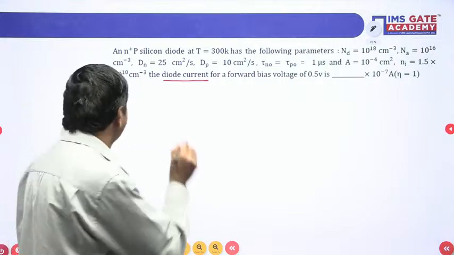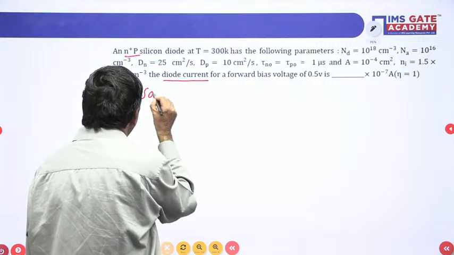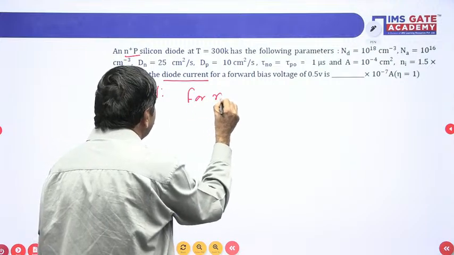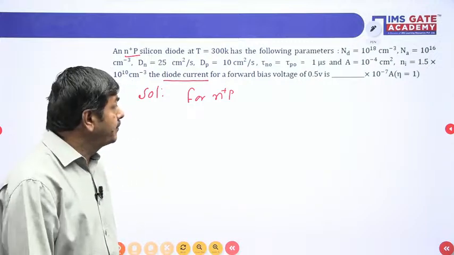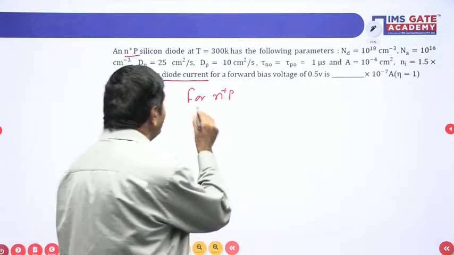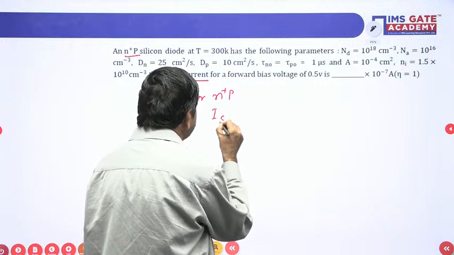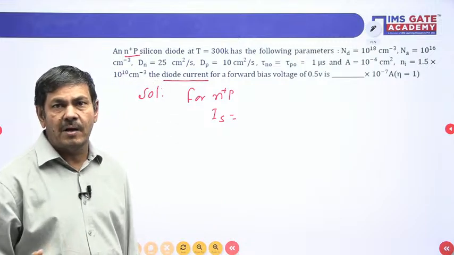In the problem, N plus P silicon is given. For N plus P, the reverse saturation current Is or I naught, you can denote it with either letter, I suffix 0 or I suffix s.